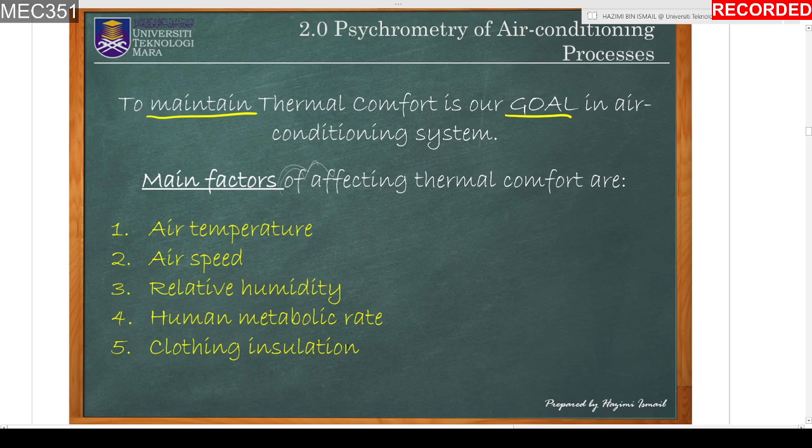Tapi kalau pakai baju sejuk dalam kawasan yang beraircon dan sejuk, tu kita boleh terima lah, sebab the clothes is used to insulate the heat, to prevent heat comes from your body or to prevent heat from the outside to come into your body. Kita tak nak masuk haba ke dalam badan dan haba badan keluar.